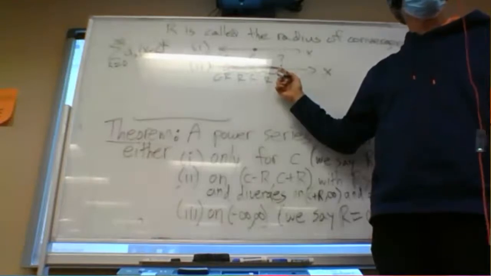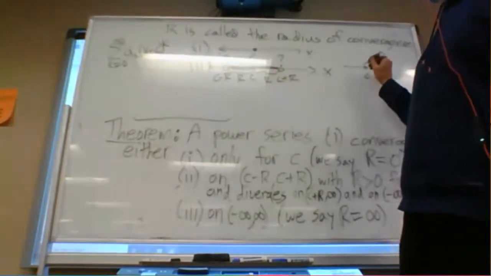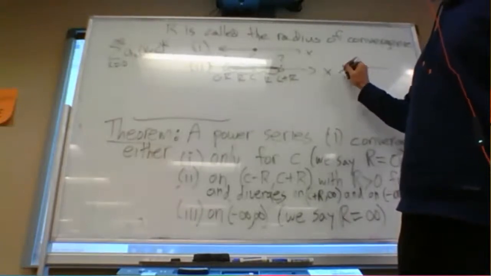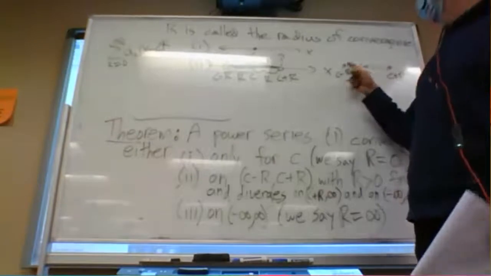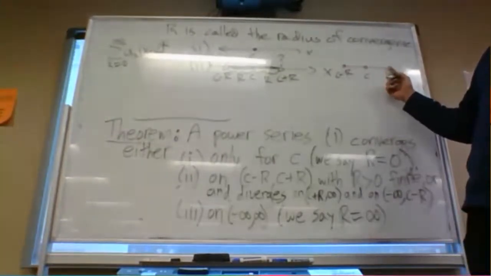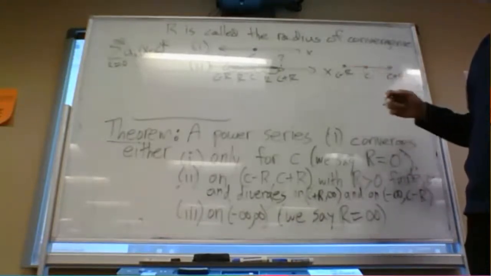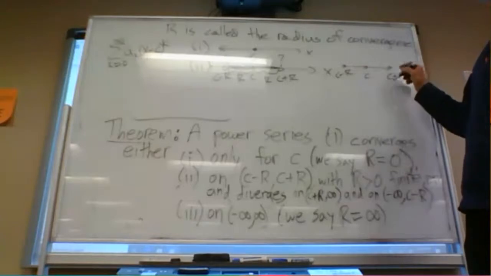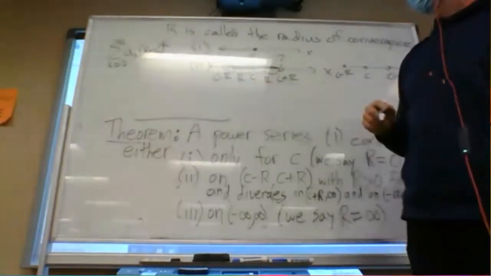It always converges on a symmetric interval, r units this way and r units that way. Now do you see why it's called the radius of convergence? This is a one-dimensional circle at c, right? The circle at c is two points, c minus r and c plus r, in one dimension. It's the set of all points on the number line at a distance r from c. So it converges inside the circle, on the disk of radius r, you can say.